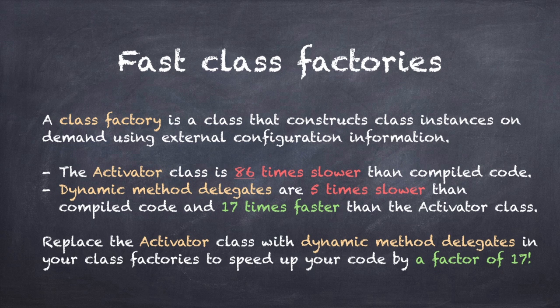A much better solution is to use dynamic method delegates. The dynamic method delegates are only 5 times slower than static compiled code and 17 times faster than the Activator class. In other words, if you replace the Activator class with dynamic method delegates in your class factory, you are going to speed up your code by a factor of 17.